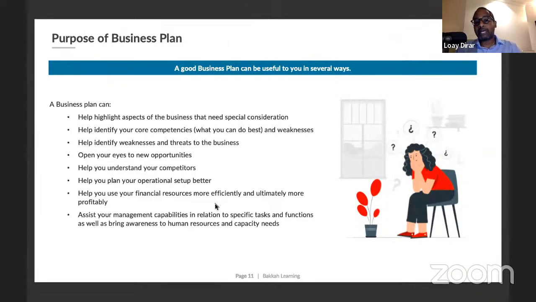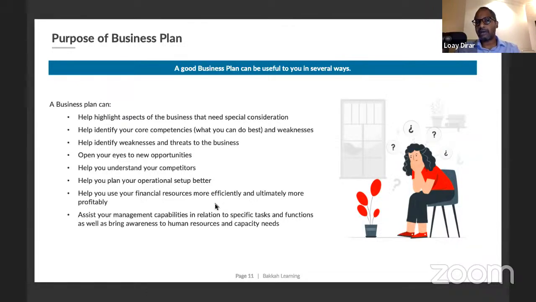A good business plan can be useful to you in several ways. A business plan can help to highlight aspects of the business that need special consideration, help to identify core competencies in terms of who's going to be involved with you as part of your establishment team, help you to identify your weaknesses and threats compared to other competitors in the market, and open your eyes to new opportunities.